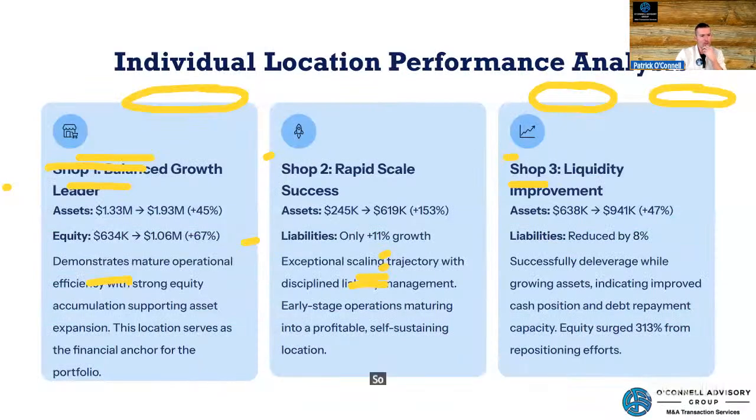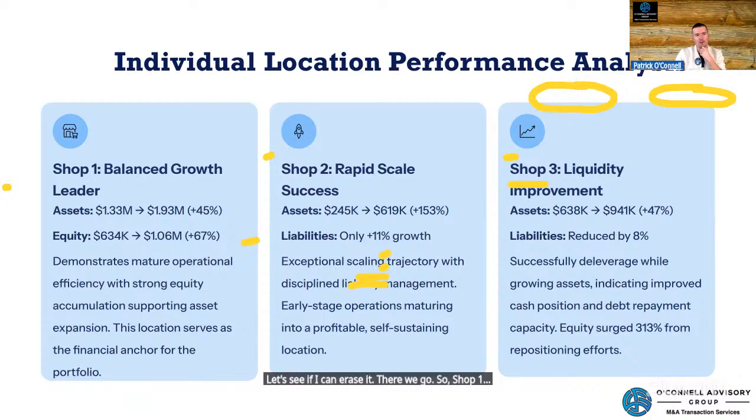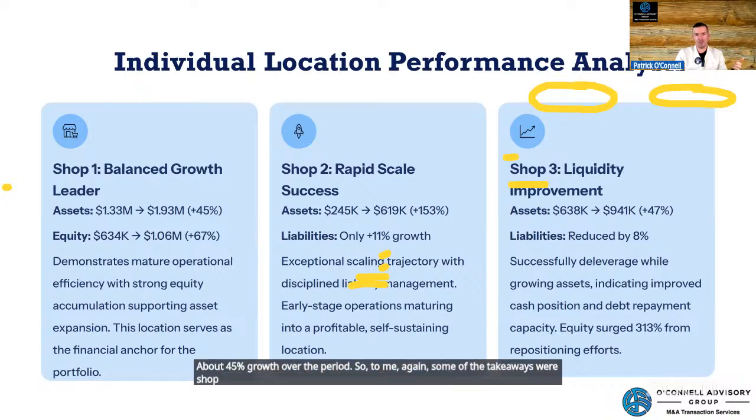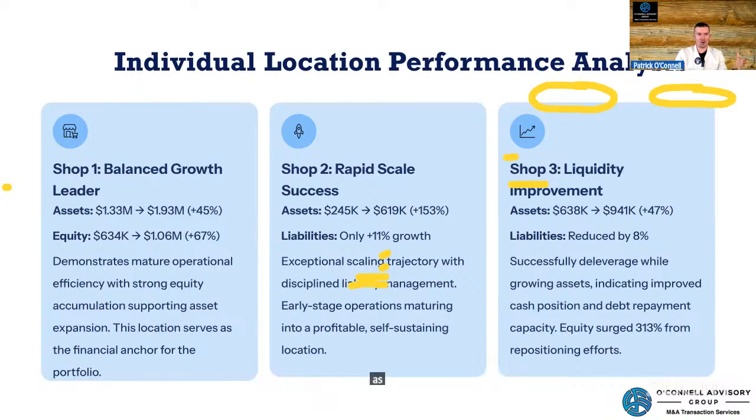So let me close out of this. See if I can erase it. There we go. So shop one, balanced growth leader. You notice that the assets went from 1.3 to 1.9 million, about 45% growth over the period. To me, some of the takeaways were that shop one likely was the first shop as part of this larger entity business.